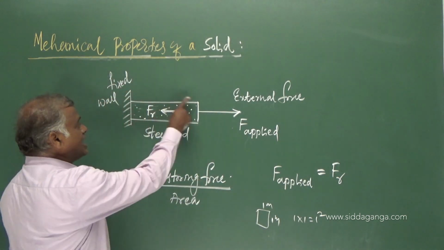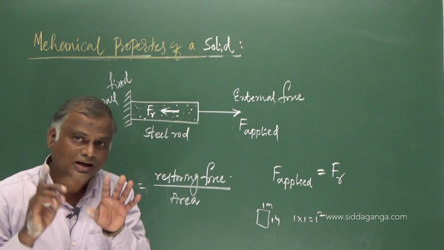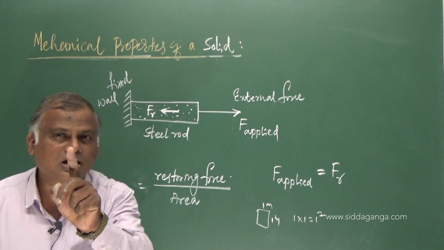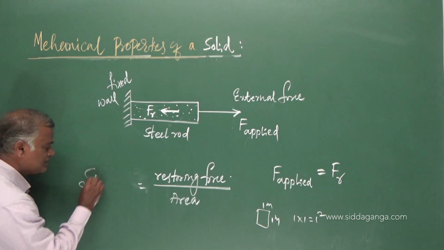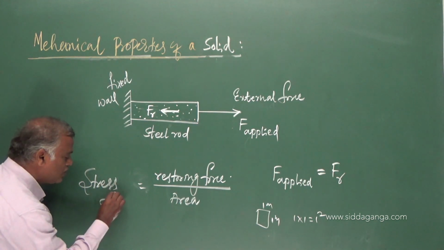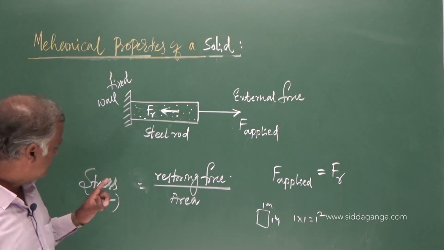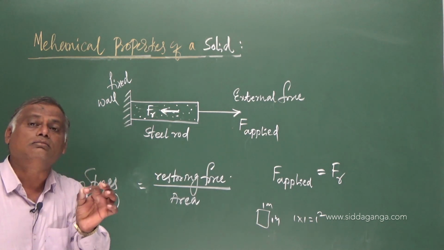If you take the entire area, you will get many molecules, many atoms, but you are calculating how much restoring force developed per unit area, which we always call stress, and we denote it, according to your NCERT book, with the symbol sigma.